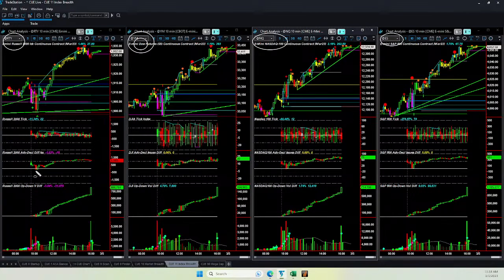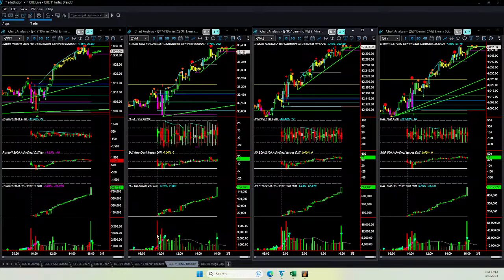Now you see again in the beginning it was not necessarily that strong. It even declined a bit for all the major indexes for advanced decline, but it closed much stronger. That is for advanced decline, whereas up down volume steadily went up. So it could be some shakeout in the morning, but closing was very strong across the board for the four major indexes and the composites as well.